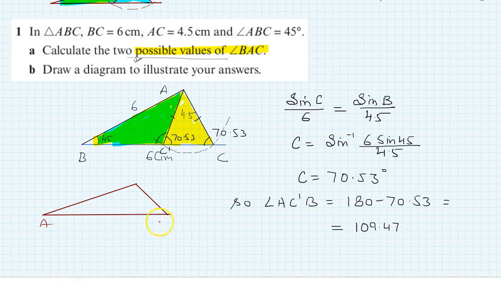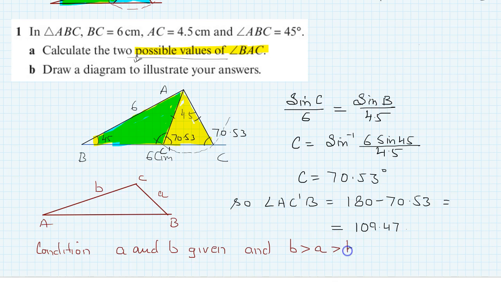Suppose this is A, this is B, this is C. So the condition is the sides A and B given, and B is greater than A and A is greater than H. H is supposed to be the height of this triangle.